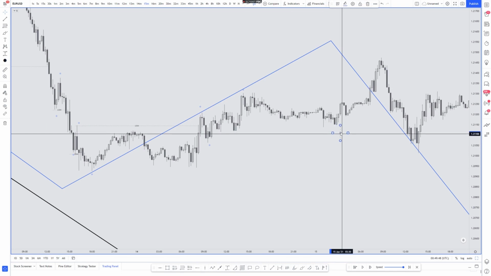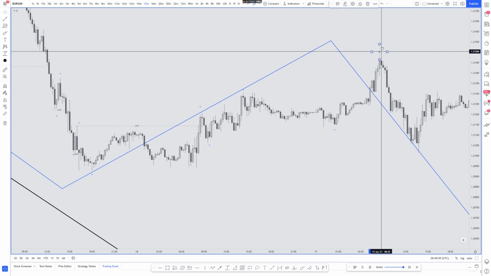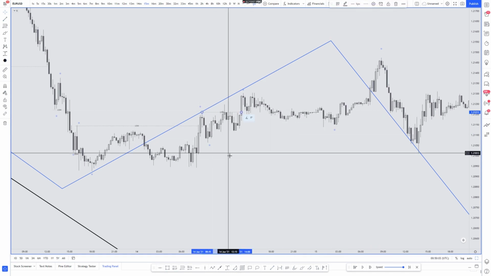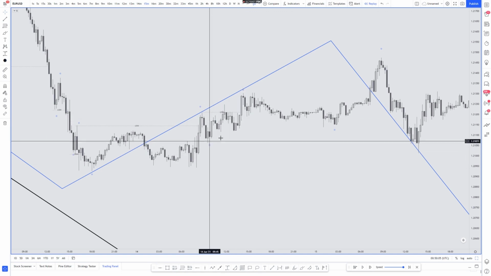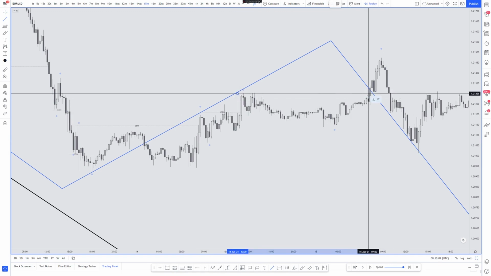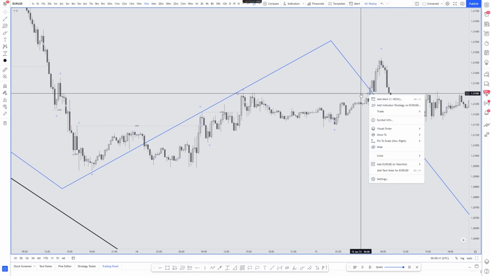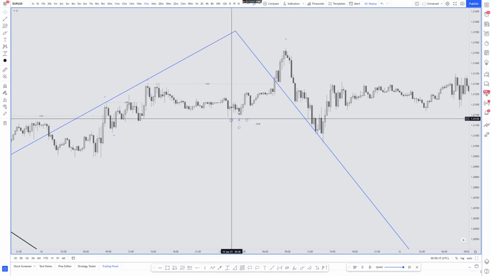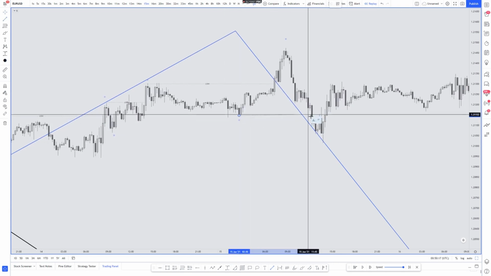And ultimately, this would be your structure points here. Minute structure. We have another structure point here. And your low gets violated here.